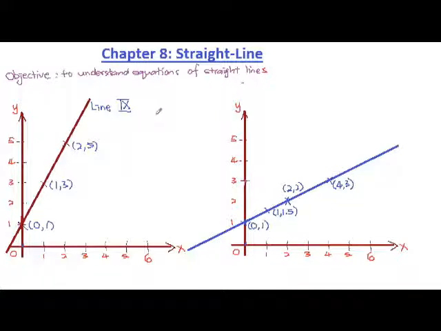In this video, let's examine two more lines, line 9 and line 10. For line 9, let's inspect the value of x, and x equals to 0, 1, and 2, and so on.